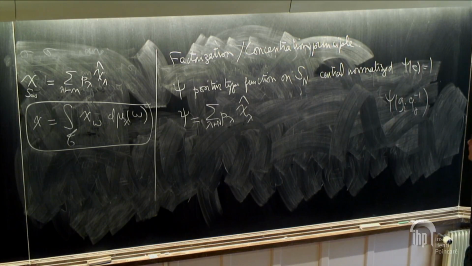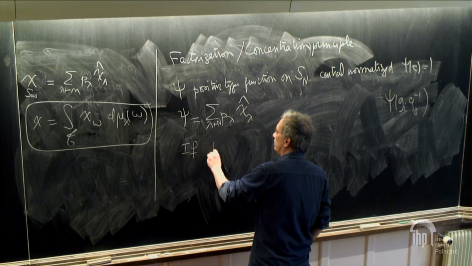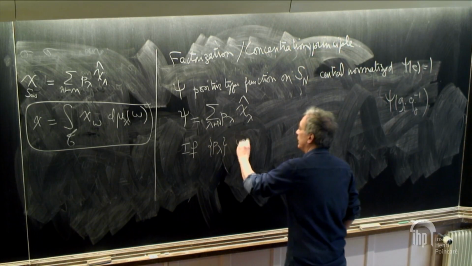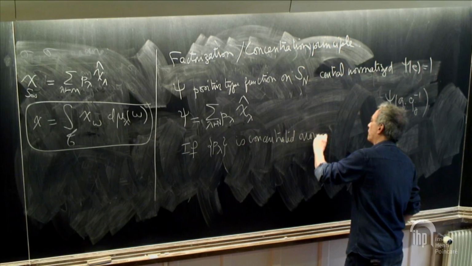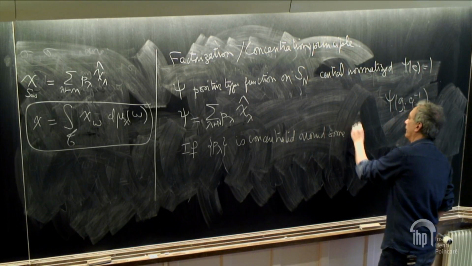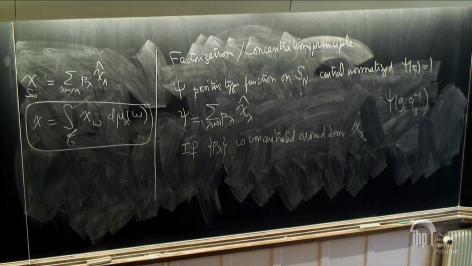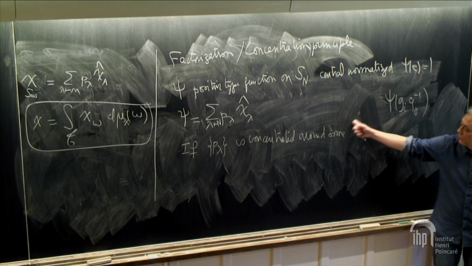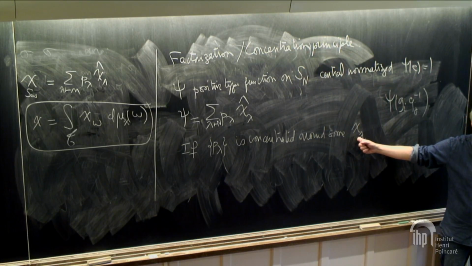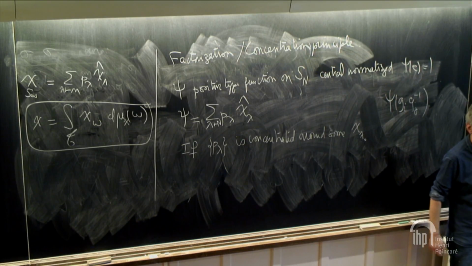Okay, so what I claim is that if p lambda, the probability measure, is concentrated around some chi lambda 0, say, or most of the mass is close to chi lambda 0, then the value of psi will be very close to the values of chi lambda 0, and in particular, psi will be almost factorized like this.